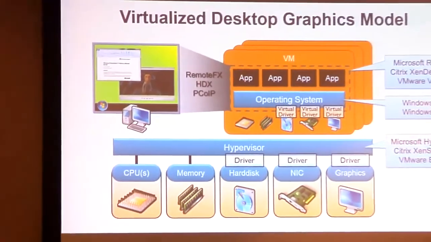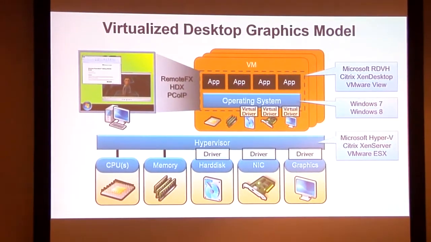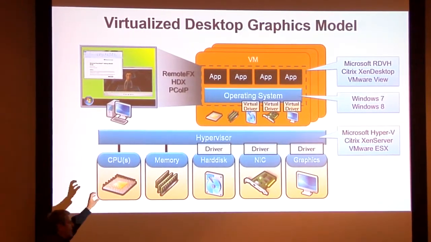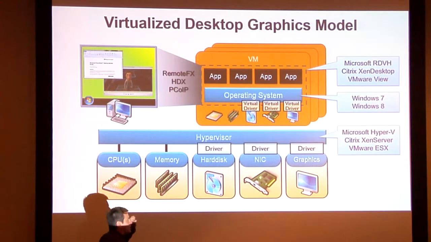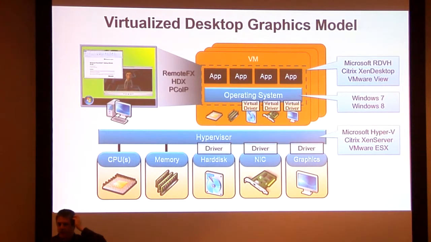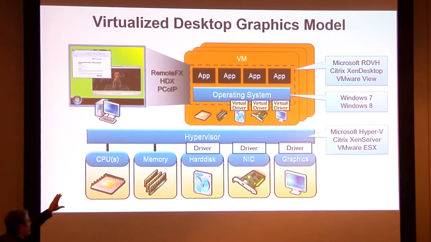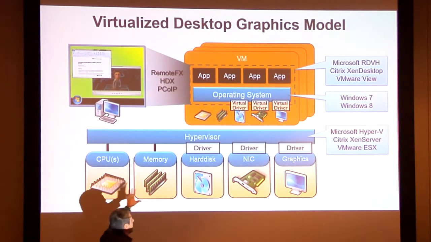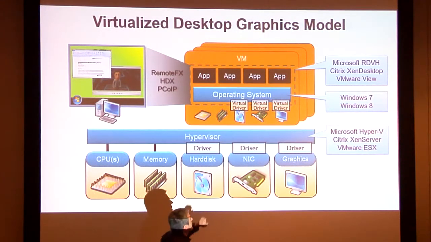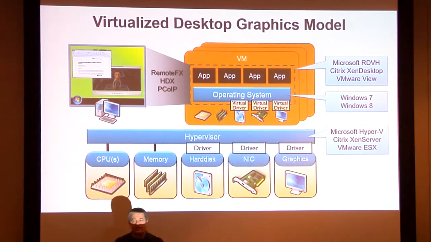So what I've done here, I created this slide because sometimes it's really confusing what happens when you do graphics remoting on top of a hypervisor. So I put that all together in one picture, and it was inspired by a slide that was first used by NVIDIA. You have the hypervisor down here, and on top of it you have the virtual machines running.